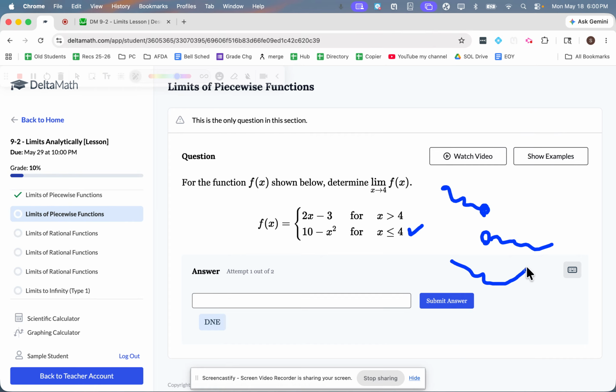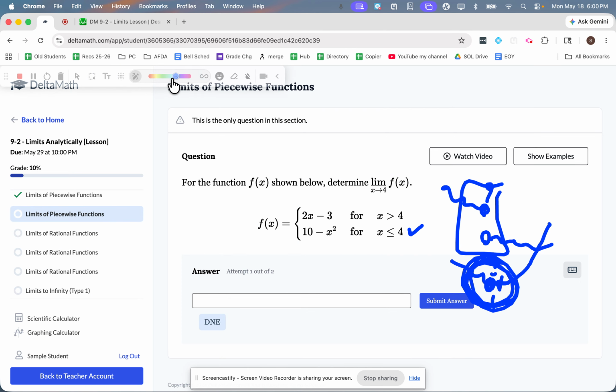Or maybe it's just one continuous thing as they approach the same. We don't know if it's this, or if it's kind of like a split. But if it's this, there is a limit, if they're both headed toward the same value. And it could be an open circle when we get there.